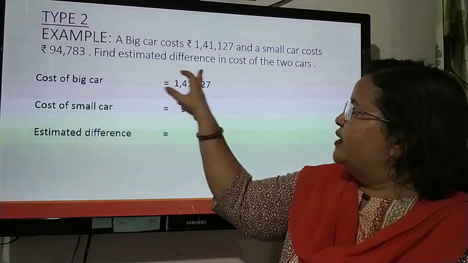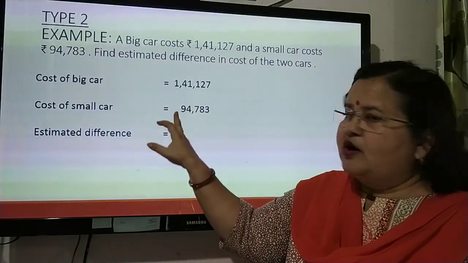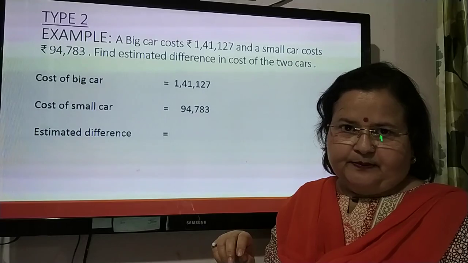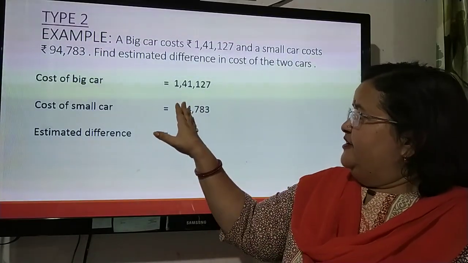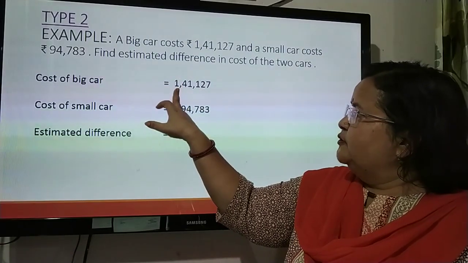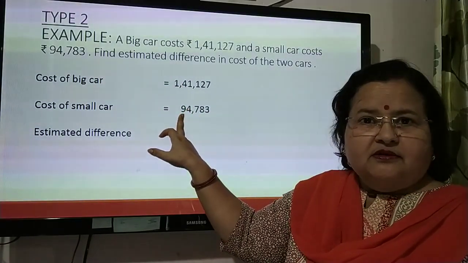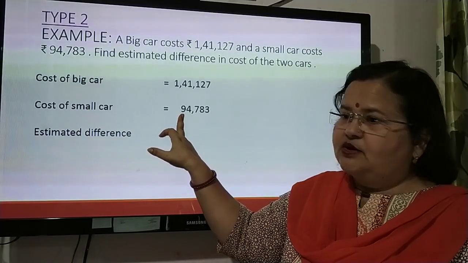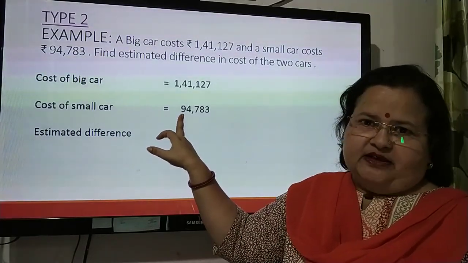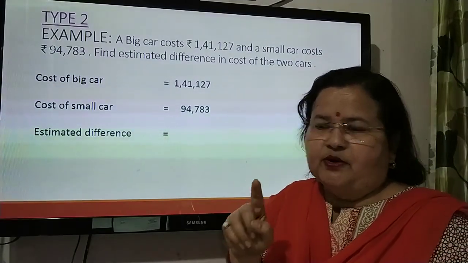Now look at these two numbers. As you can see, the cost of the big car is a 6-digit number, whereas the cost of the small car is a 5-digit number. If you round them off at their last place, here you will round off to lakhs place, and here to 10,000s place. So this is not the correct method. Now remember the statement which I gave you before.